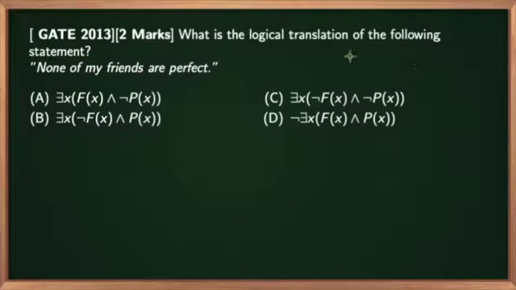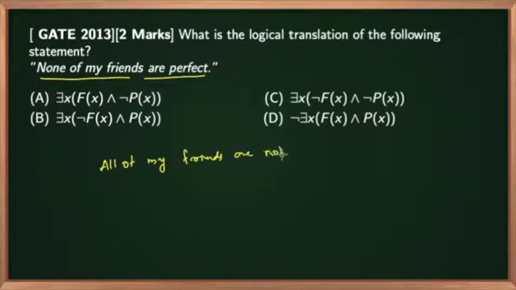So we have again an English statement here. It says none of my friends are perfect. That means all of my friends are not perfect, right?